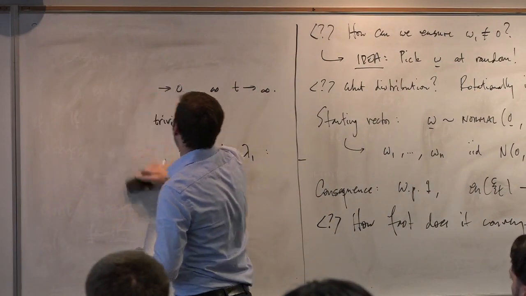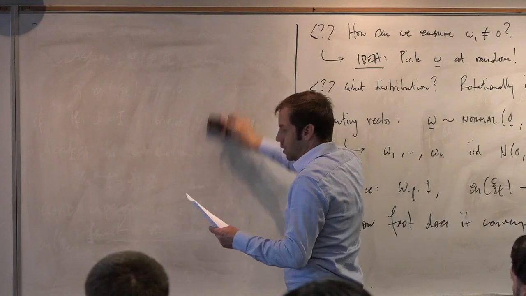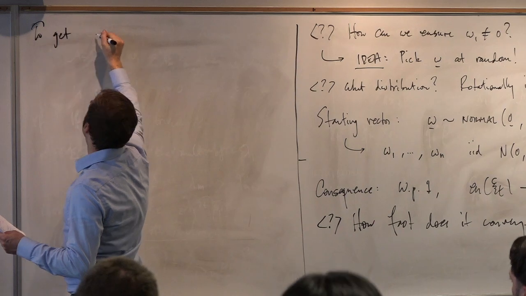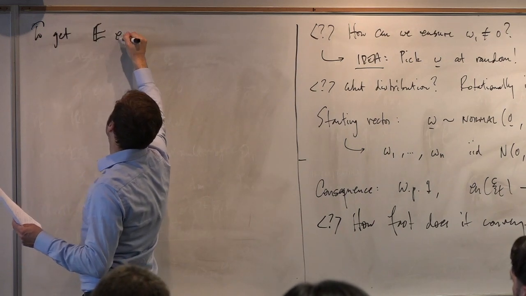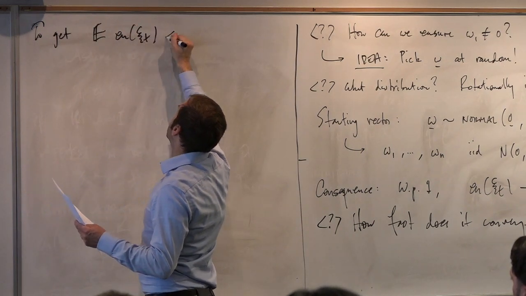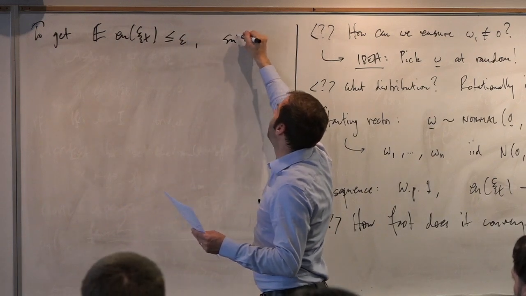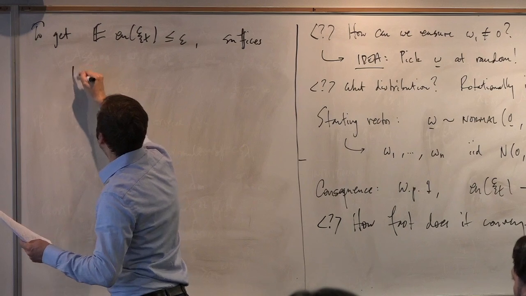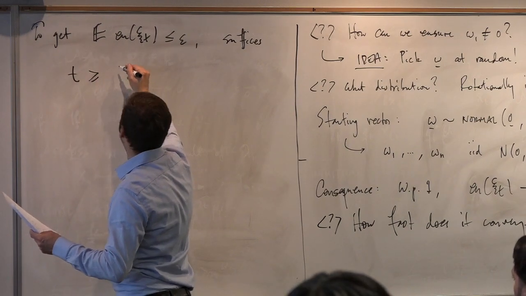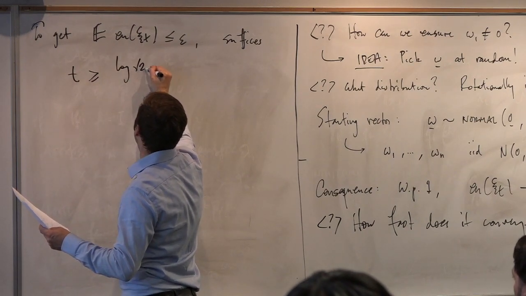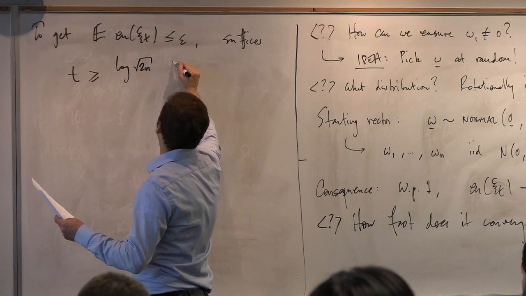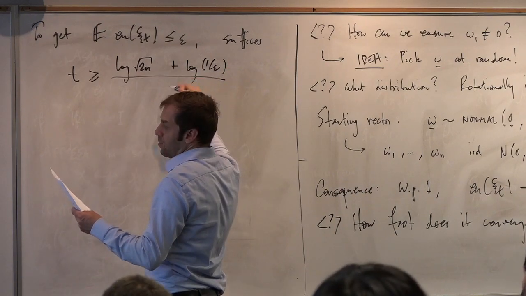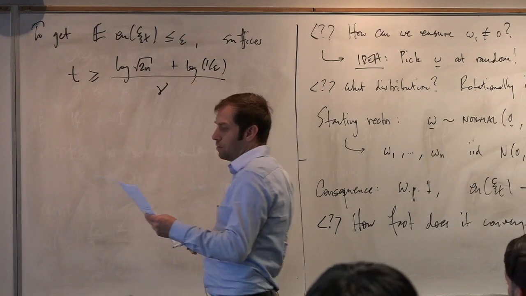So suppose that you want relative error smaller than epsilon. To get the expectation of the relative error less than or equal to epsilon, it suffices that the number of iterations t is bigger than the log of root 2n plus the log of 1 over epsilon, divided by gamma.